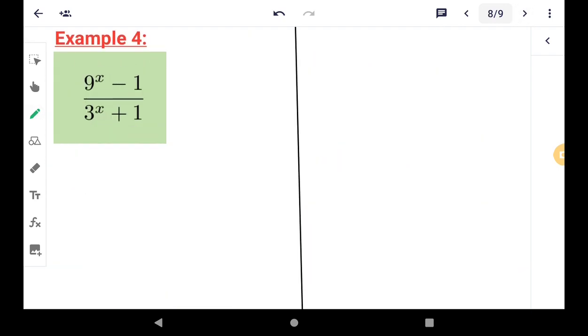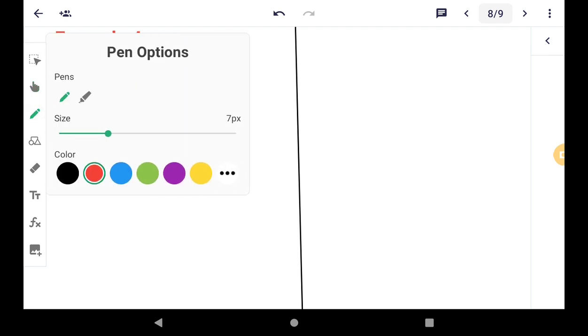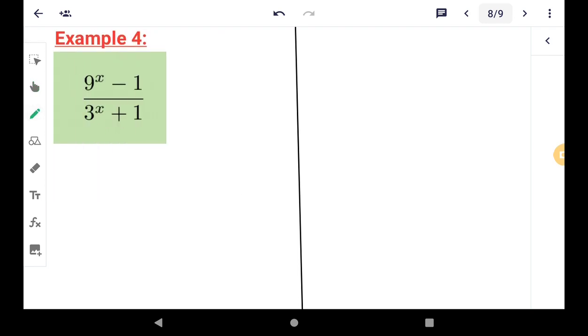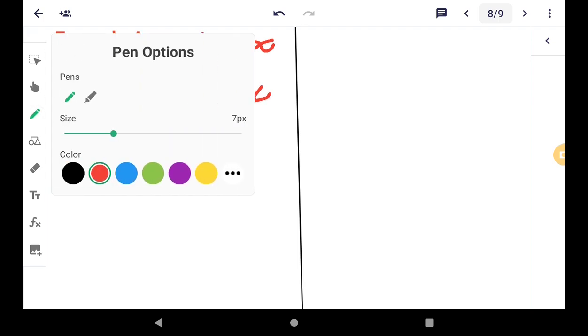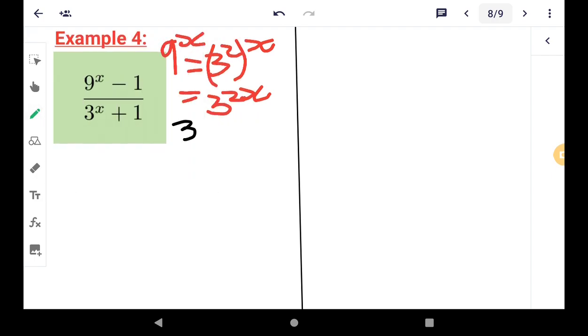Next question. You have an example like this. Notice that 9 is the square of 3. So 9 to the power of x leaves you with this situation. 9 to the power of x is equal to 3 to the power of 2, all raised to the power of x, which is 3 to the power of 2x, which is the square of 3 to the power of x.